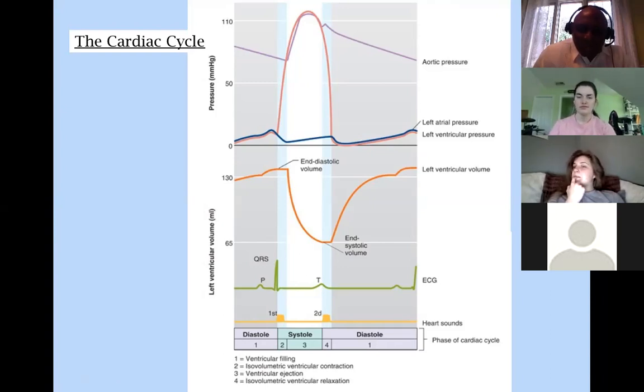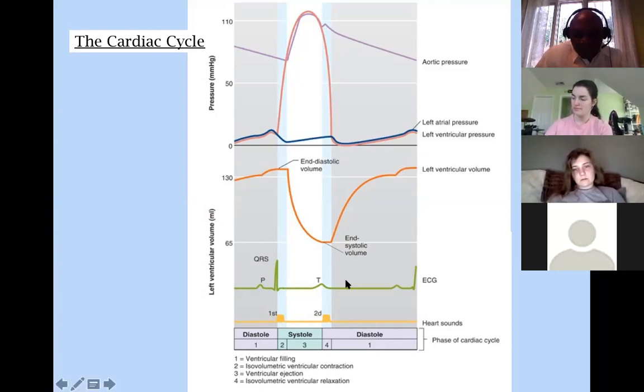The first sound is the AV valves closing. The second sound is the semilunar valves closing.